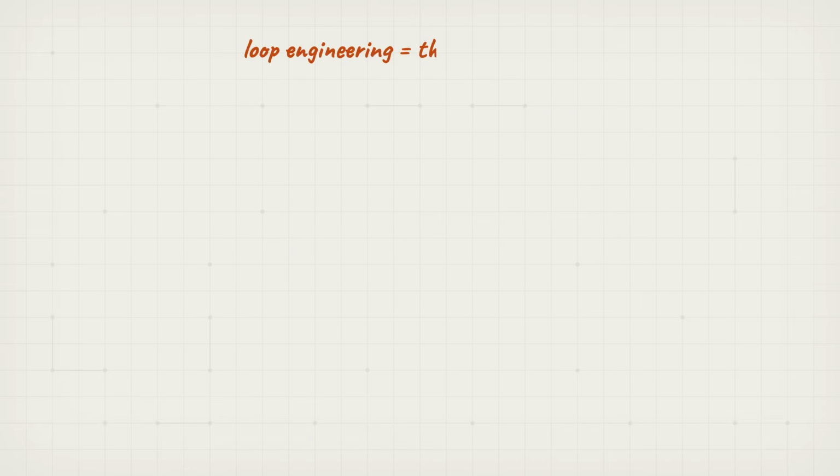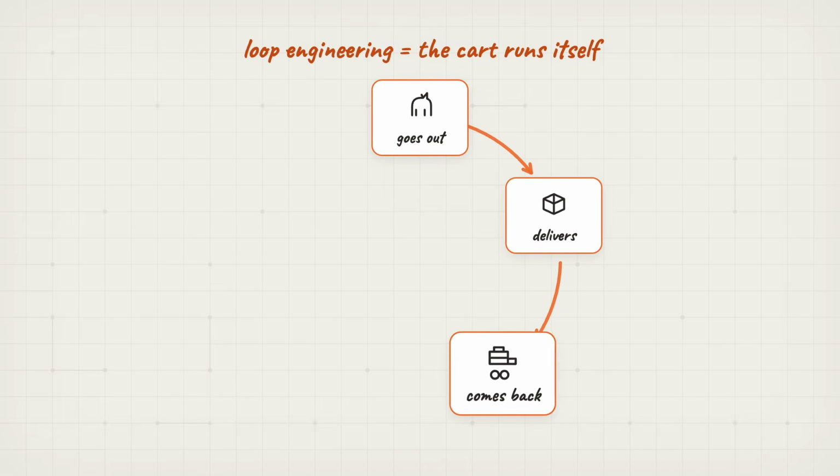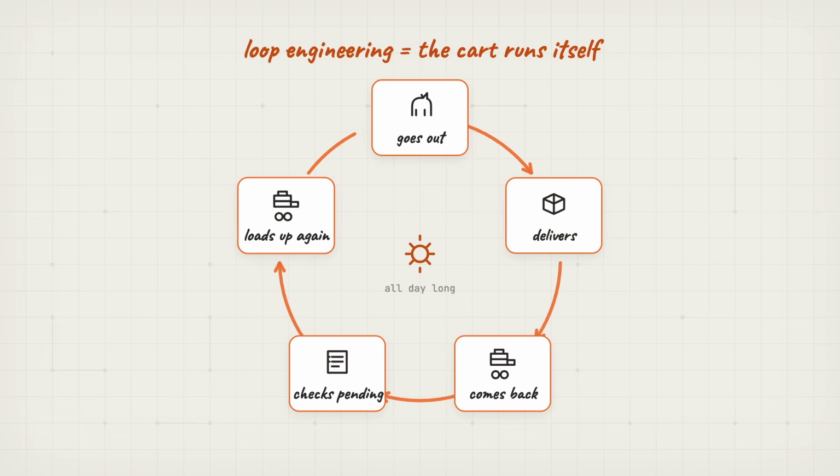Loop engineering is when you stop driving each trip yourself. Now you set up a system where the cart goes out on its own, delivers the order, comes back, checks which orders are still pending, loads itself up again, and goes out one more time, the whole day long, without you ever pressing start.